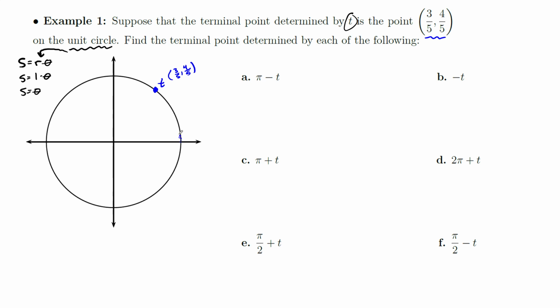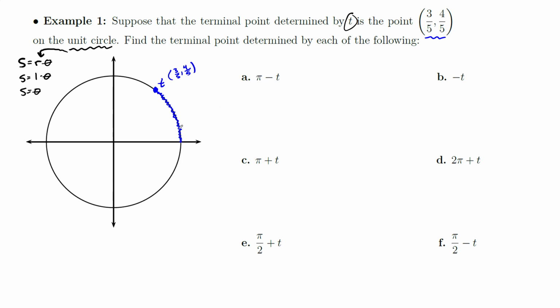So now they're going to ask me questions of variations on t. So t starts from that standard position, goes up t, and there's my terminal point. So let's think about pi minus t. Where is pi minus t? Well, let's think of it like this.